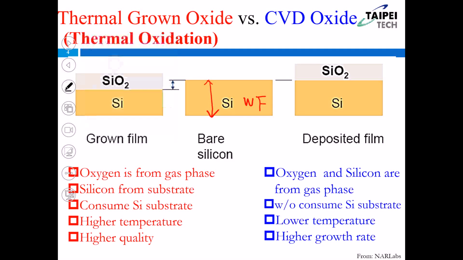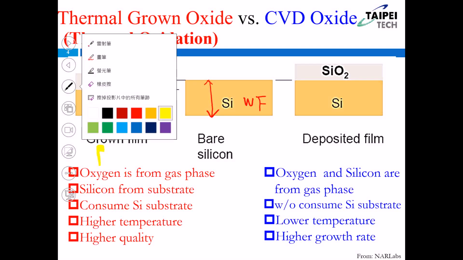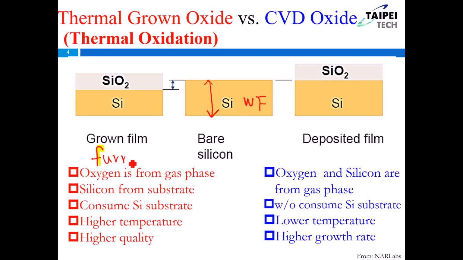So today, if I use oxidation, I want to grow thermal oxide. How can I do that? It's very simple. I use the furnace, or oven tube, and then I just put oxygen into the furnace.